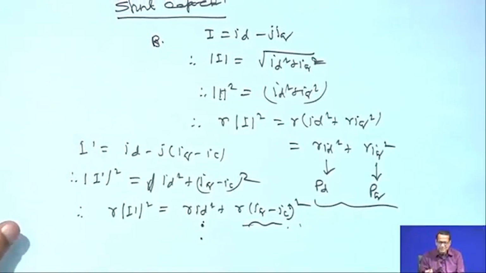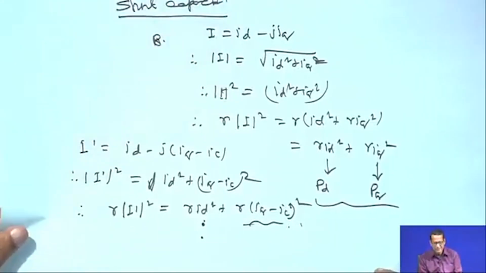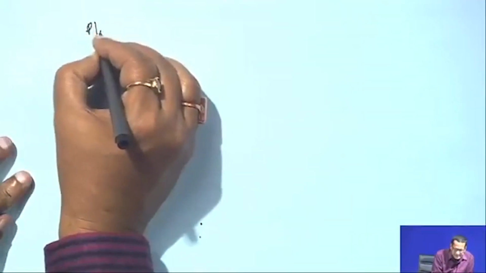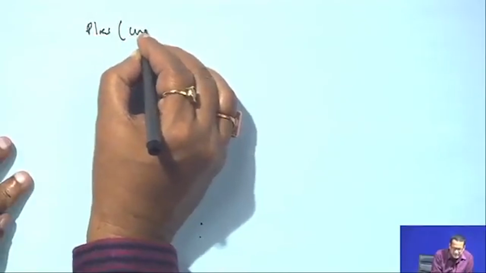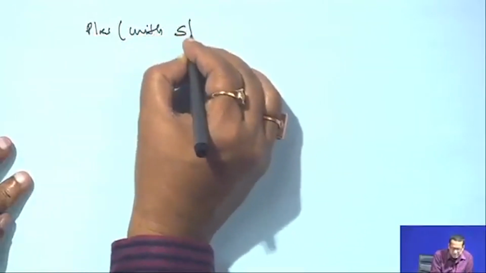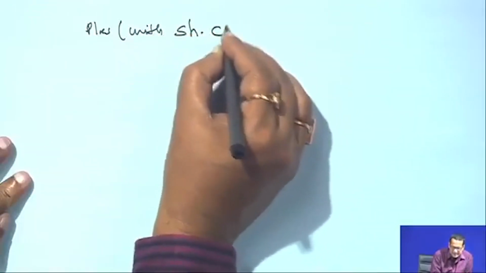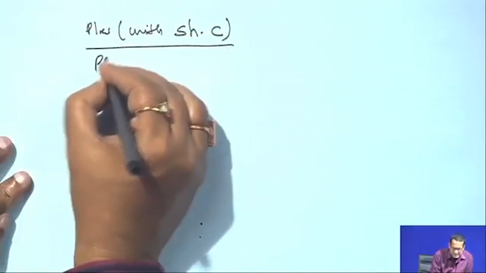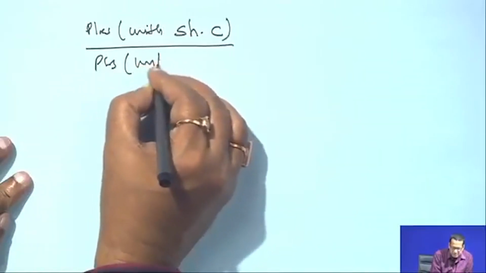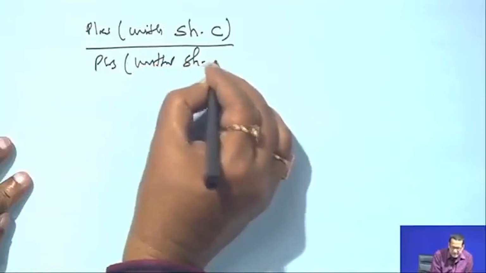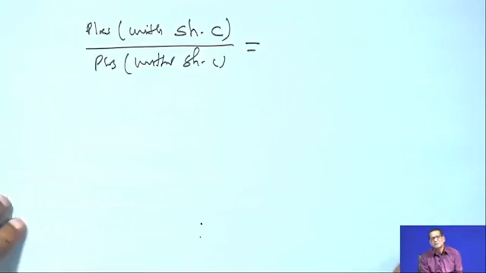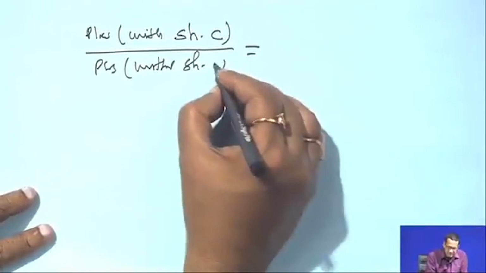Another thing is that a shunt capacitor, though not by much, improves the voltage magnitude level. Therefore, with the same philosophy, P loss with the shunt capacitor, SH, is inversely proportional to the square of the voltage magnitude.